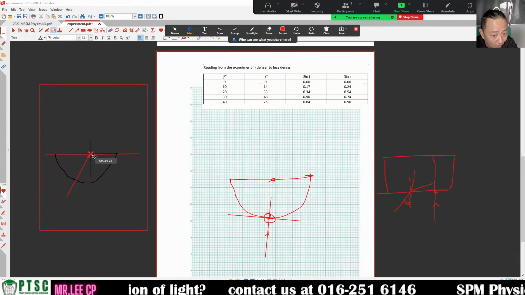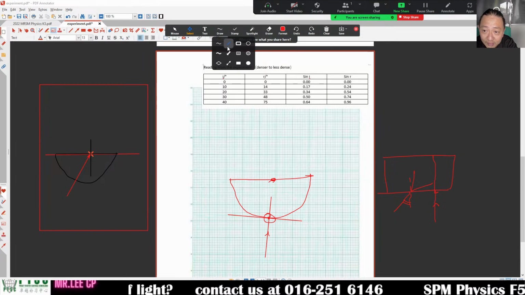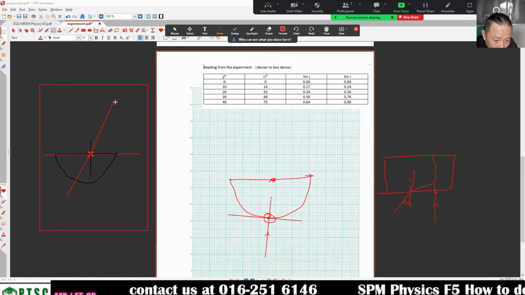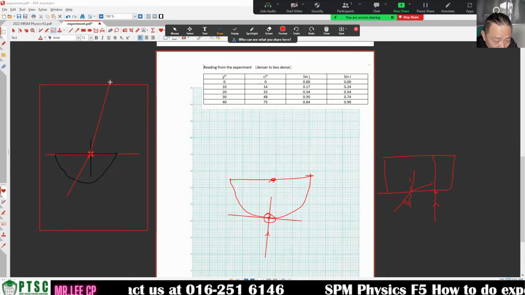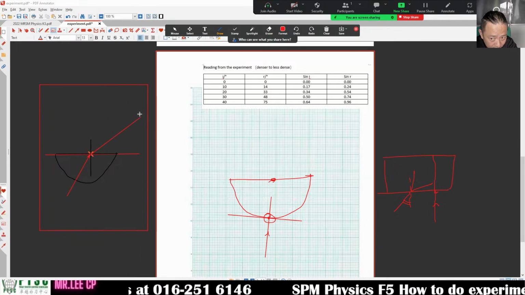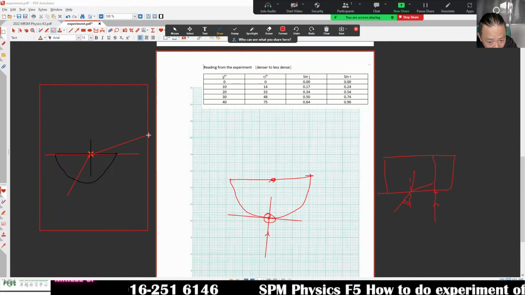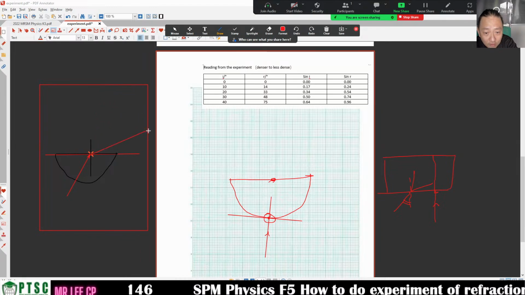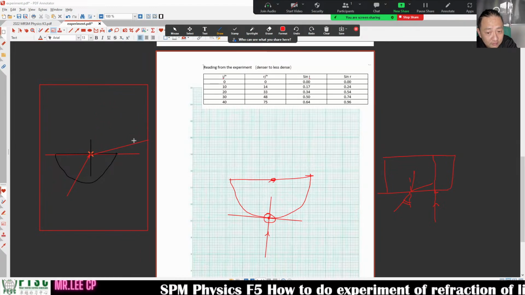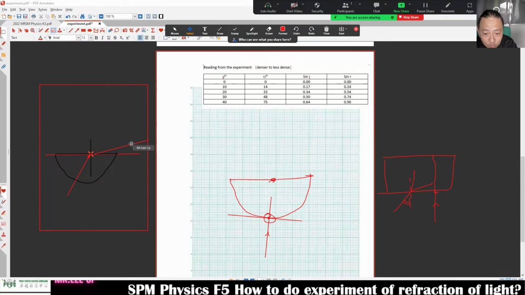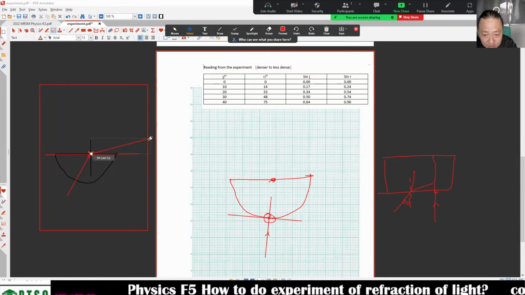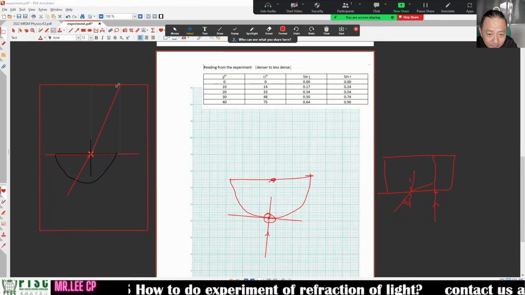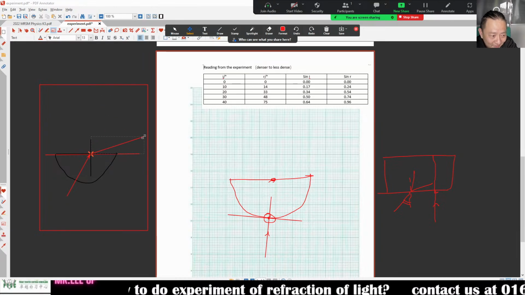So now this one, where will it bend? Toward or away from the normal? Toward or away? Answer me. Away, huh?